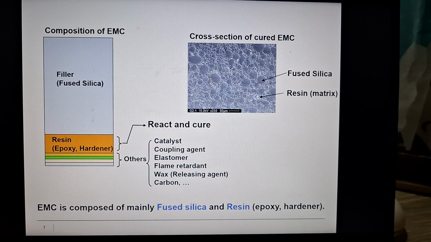So basically, you can imagine that when you say EMC, epoxy molding compound, it is composed mainly of two materials, which are fused silica, the silica, and the resin, which are the hardener and epoxy. The rest are just special agents or ingredients in order to enhance the material quality, right?